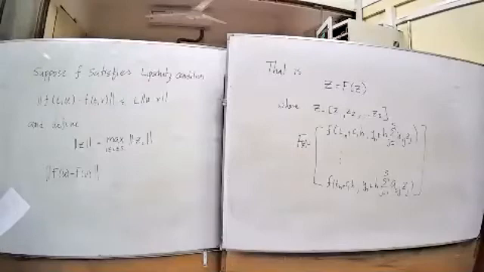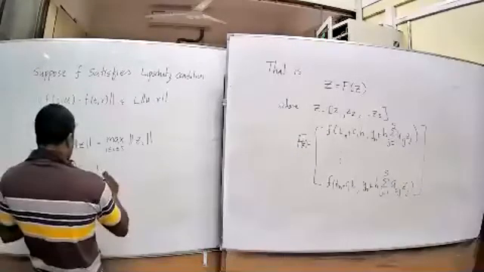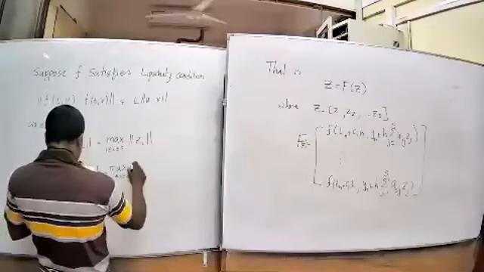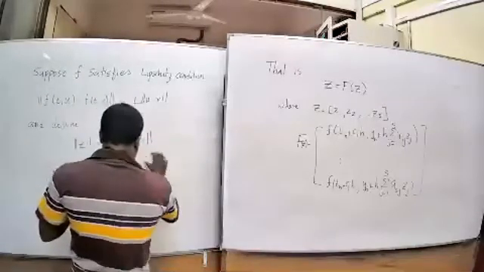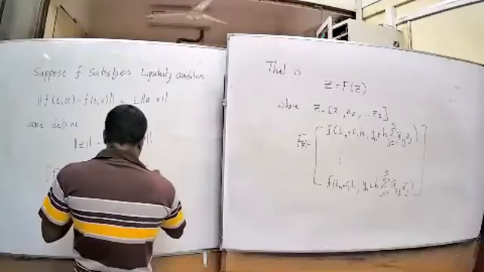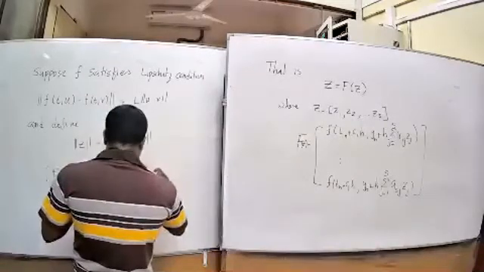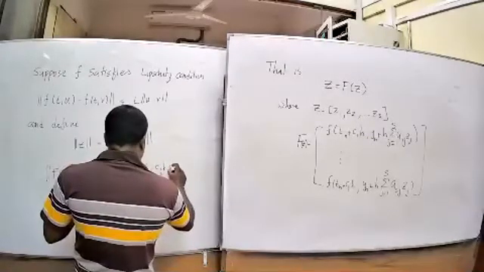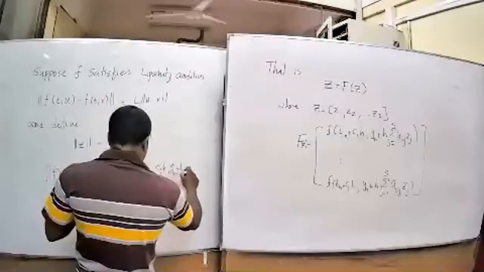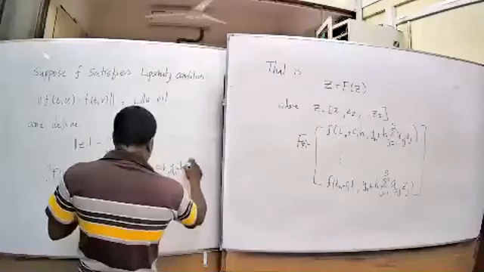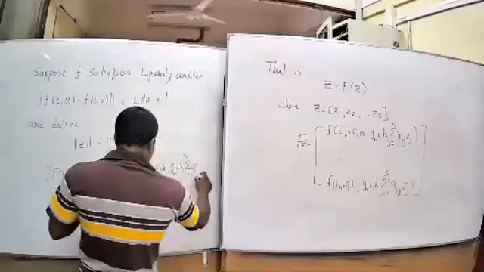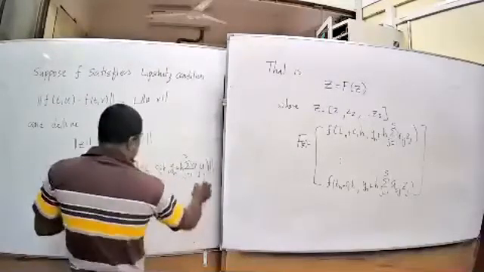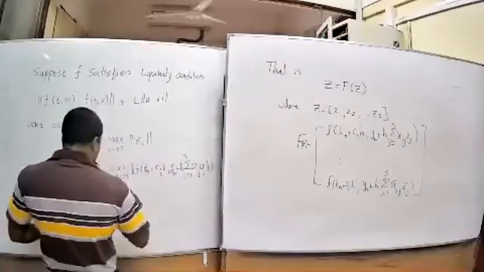Right, so capital F of U minus capital F of V is basically this. Oh, sorry, minus F of V.